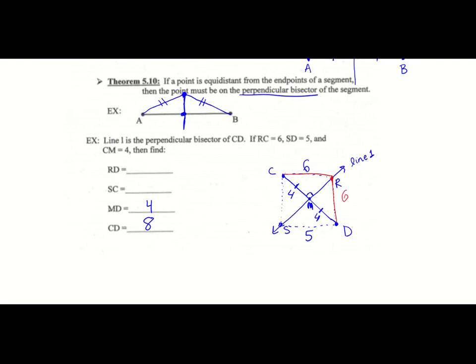This one is also going to be 6. So that is RD. Then I know if this point here is on my perpendicular bisector, I know SD is 5, the distance from that point on the perpendicular bisector to the endpoint of my segment. It's going to be the same distance to the other endpoint of my segment. So that is going to be 5.